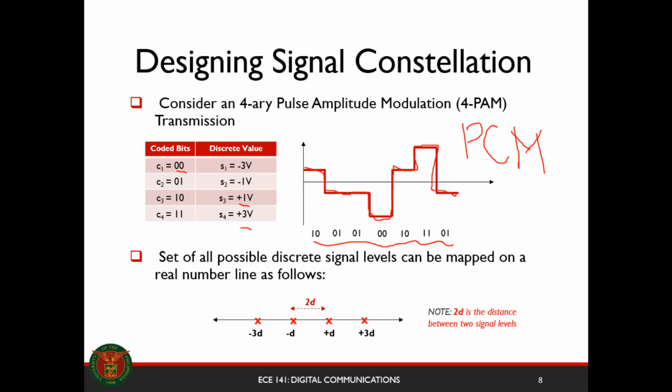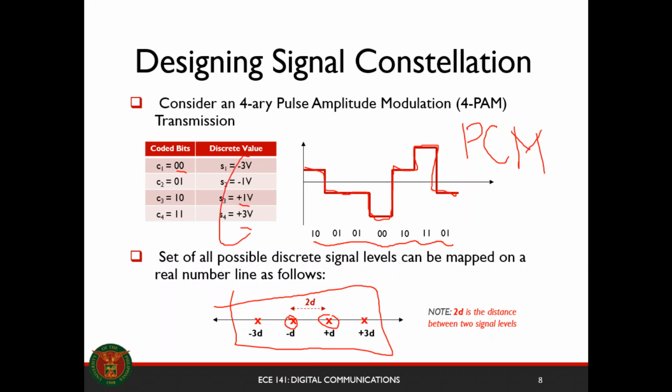If you plot it in a constellation diagram, you can see that the signal levels can be mapped into this one-dimensional constellation here. So the distance between two signals is equal to 2d. In this case, d is equal to 1.